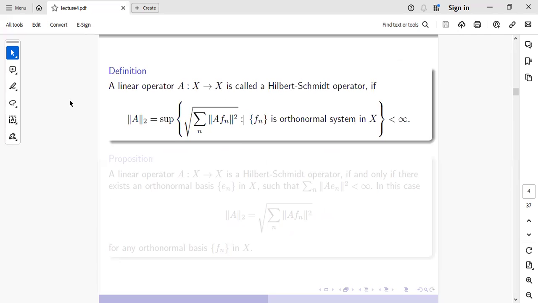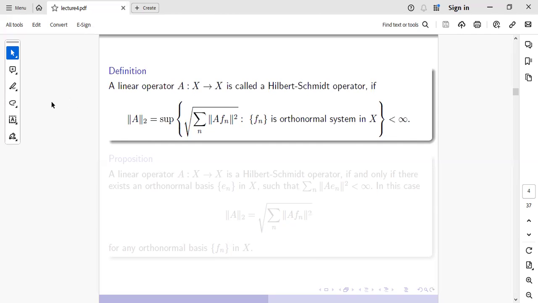So the next class of operators are Hilbert-Schmidt operators. They can be defined as follows. These are linear operators for which the following supremum is finite. And this supremum is then called the Hilbert-Schmidt norm of A. The supremum is taken over all orthonormal systems, and this is the square root of the sum of norms Af_n squared.